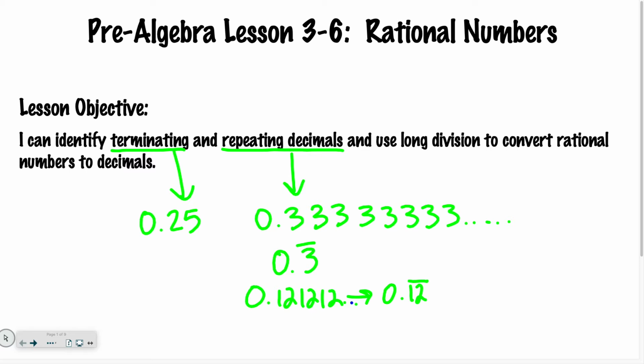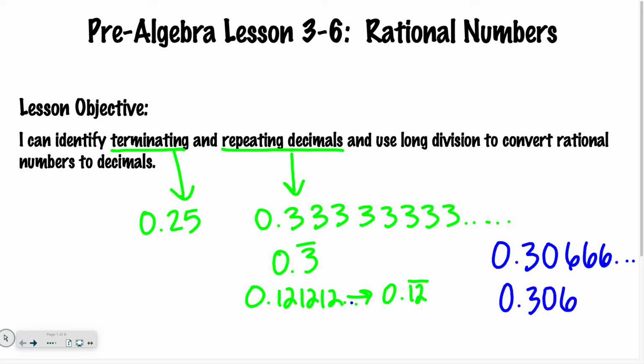You can also have a number like 0.306 where the 6 is repeating but nothing else. That is written in bar notation with the bar only over the 6 because that's the only number that repeats.